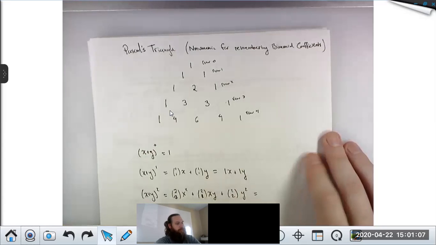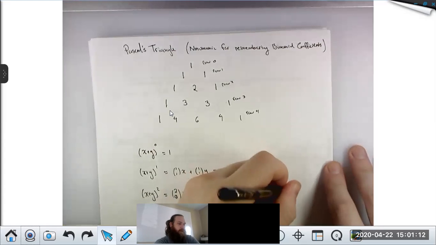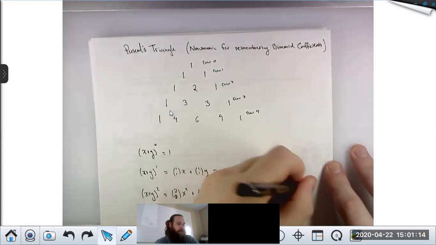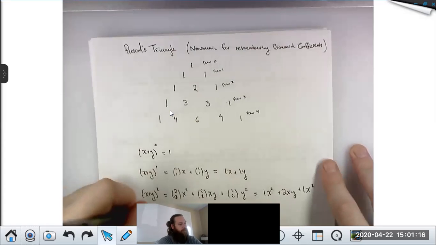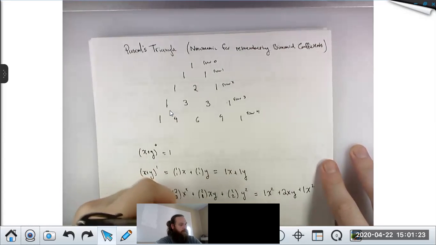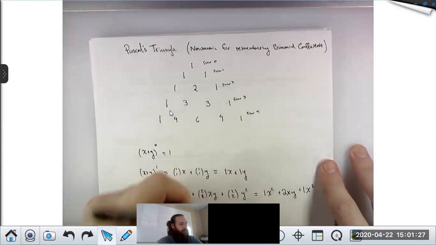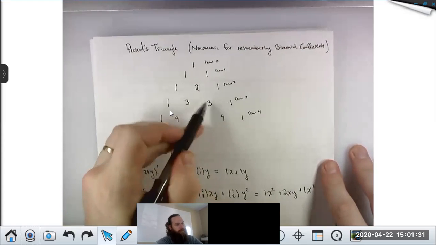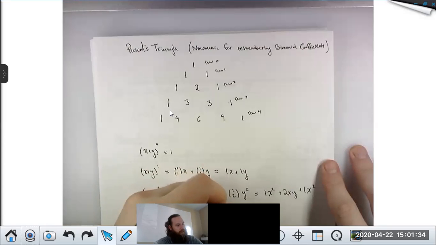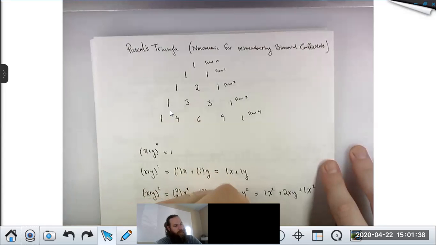So this is 1x squared plus 2xy plus 1y squared. X plus y cubed would similarly be 1x cubed plus, what's the next guy here? 3. So 3x squared y plus 3xy squared plus 1y cubed.